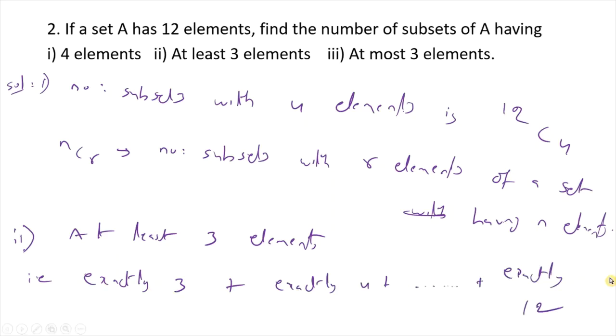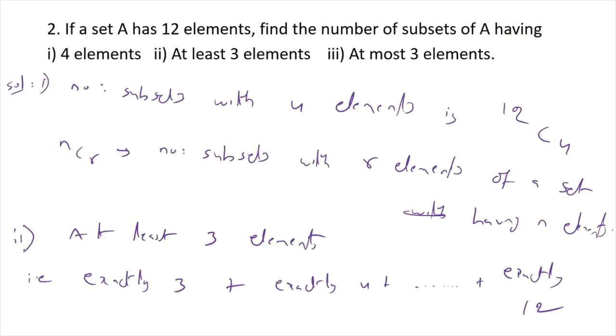You know how many subsets there are having exactly 3, which is equal to 12 choose 3 plus 12 choose 4 plus 12 choose 5 plus so on up to 12 choose 12. You can leave the answer as it is.